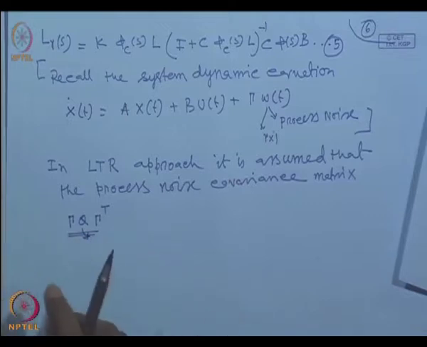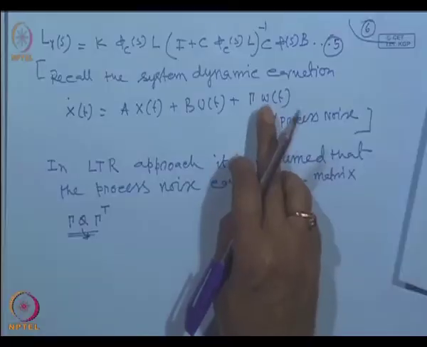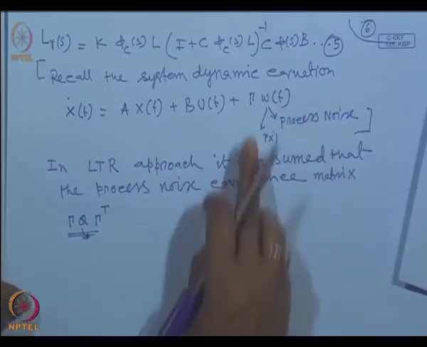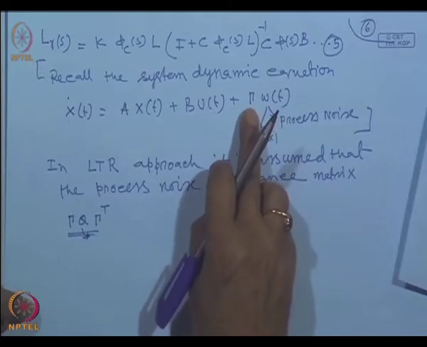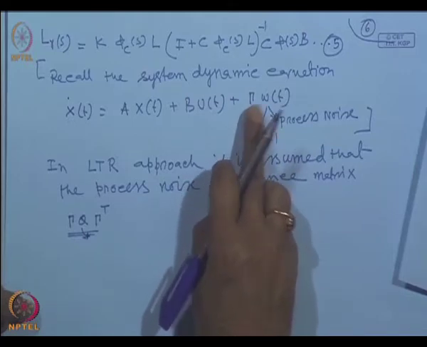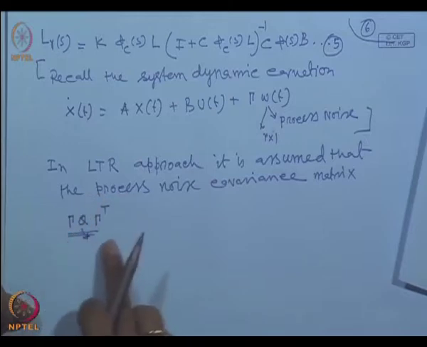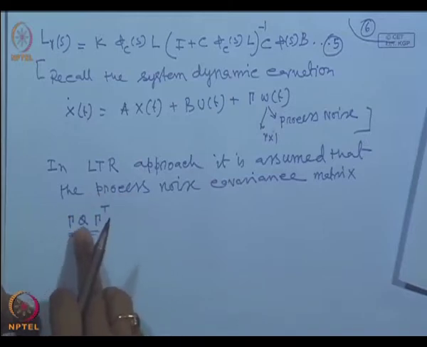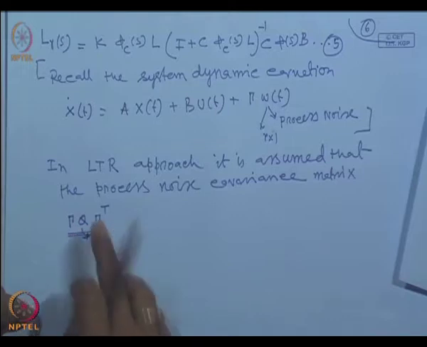If you recall our LQG problem statement, W is the process noise and its covariance matrix is your Q. Since it is going through a channel gamma, the process noise covariance matrix is gamma Q gamma transpose.